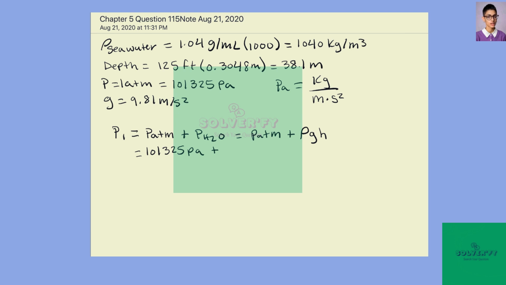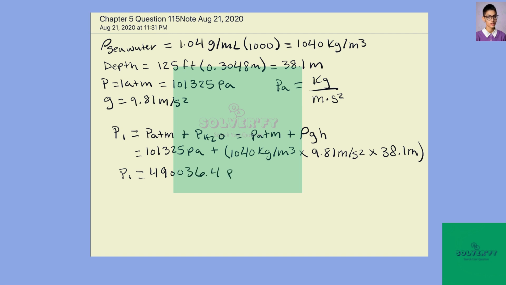So then we're just going to add 1040 kilograms per meter cubed, times that by the gravity, and then times that by our depth, which is 38.1 meters. So P1 is going to equal 490036.4 pascals.